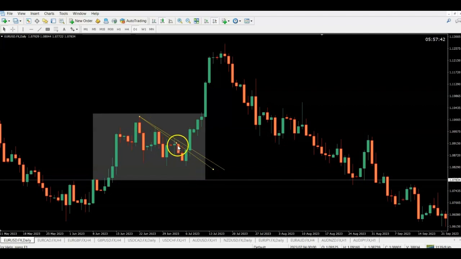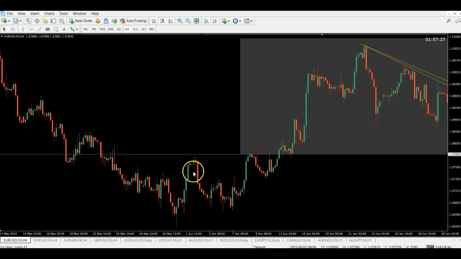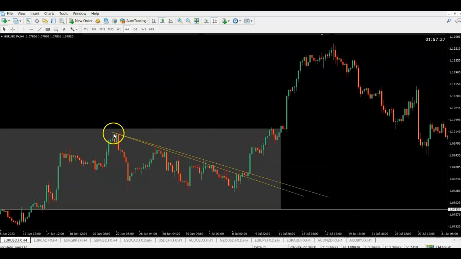So it's covering the body of the first candle inside your initial trend line. Now that you have these lines there, let's go down to the 4-hour time frame. For some reason, the lines always move when I go down to the lower time frames. Not sure why it does that, but nonetheless, look at all the touches that we have here.